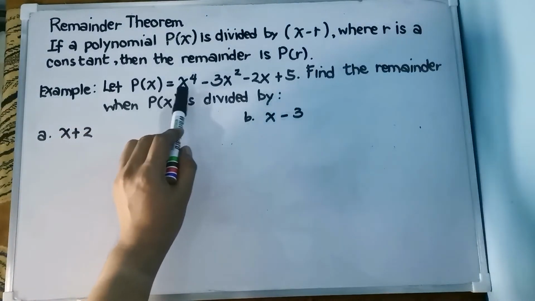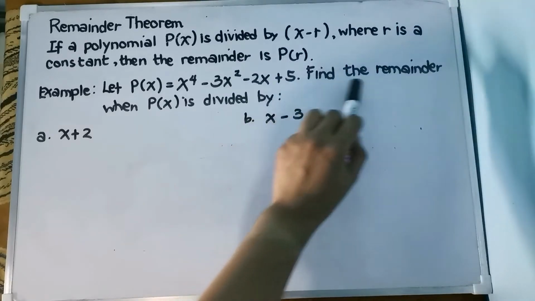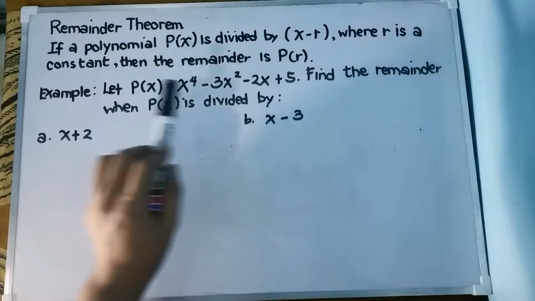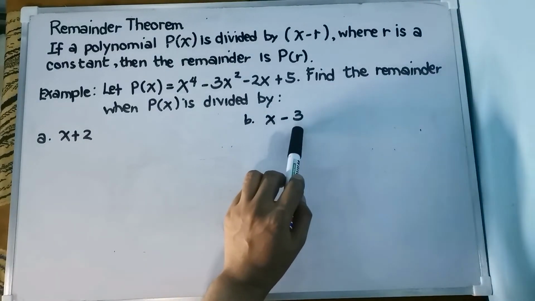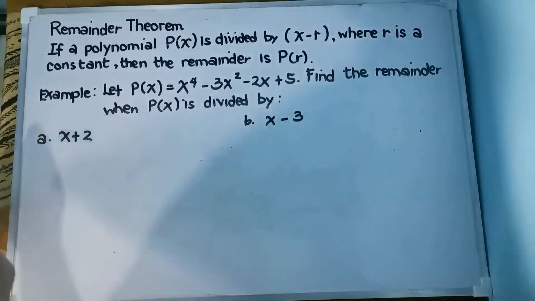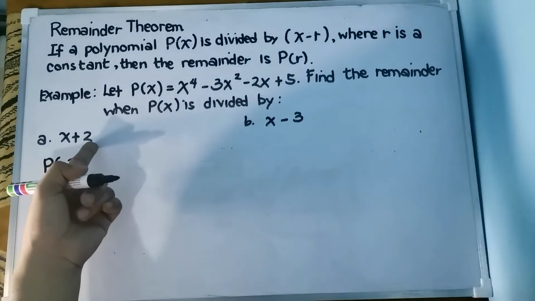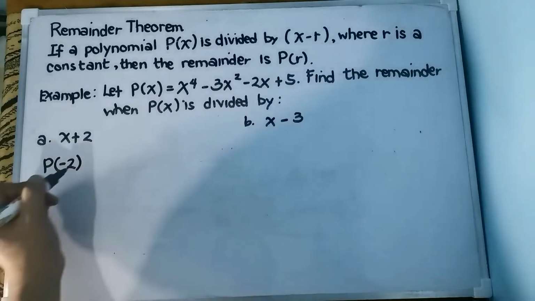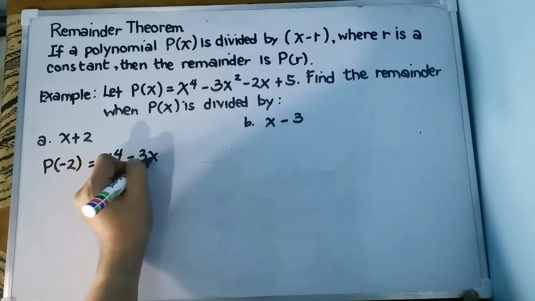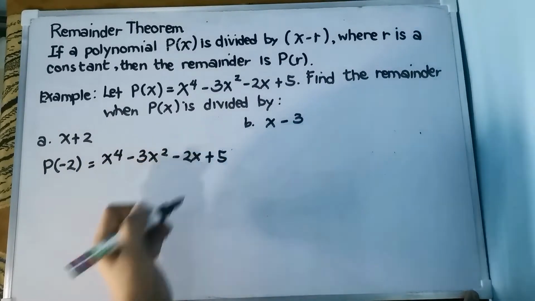Let p of x equal x to the 4th minus 3x squared minus 2x plus 5. Find the remainder when p of x is divided by letter a, x plus 2, and letter b, x minus 3. So let's have x plus 2. So we will be using here p of negative 2. So we have x to the fourth minus 3x squared minus 2x plus 5.